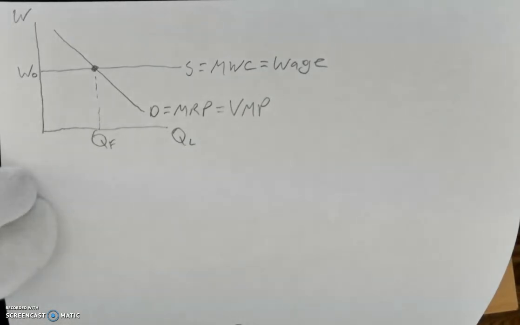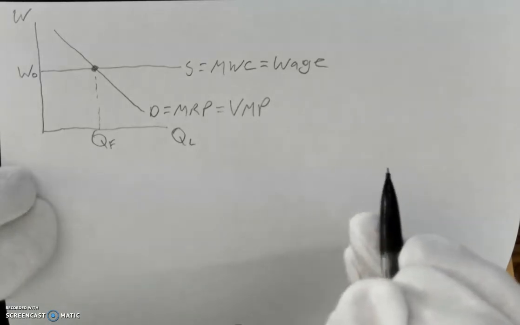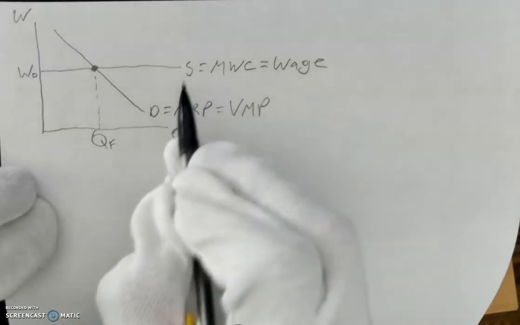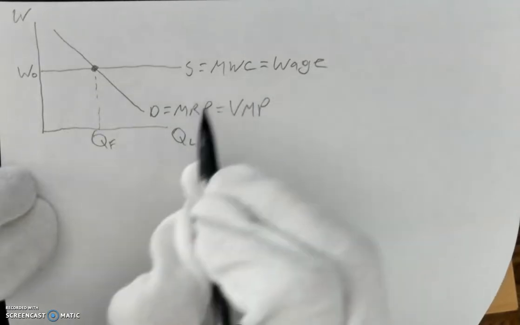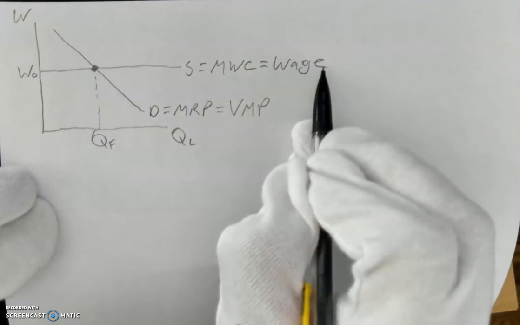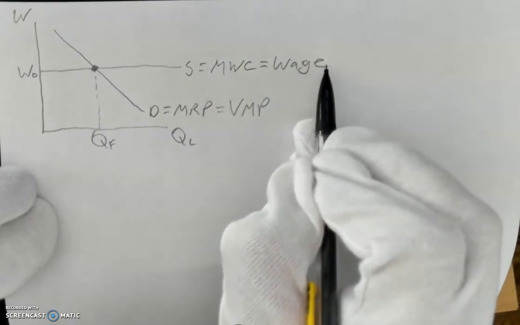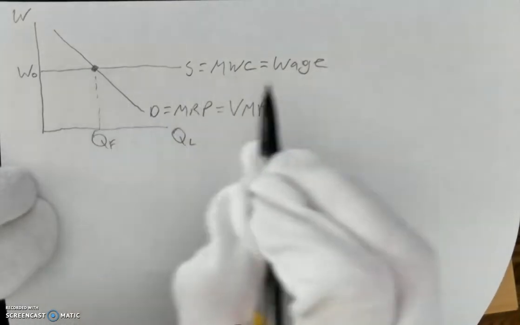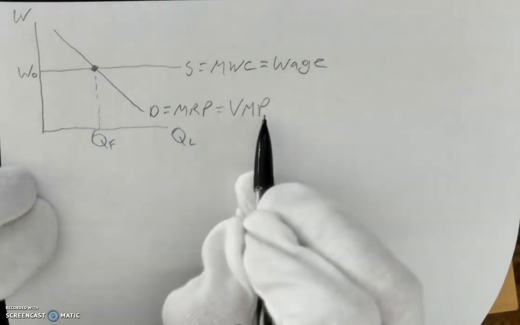Of course, now we need to look at society's perspective. Society doesn't look at the supply and demand curve using these metrics. Society uses these metrics. So society is going to want to continue to employ to where the wage equals the value of marginal product.